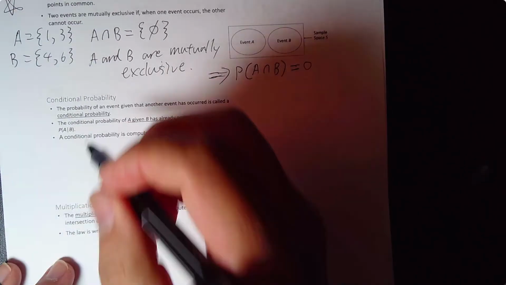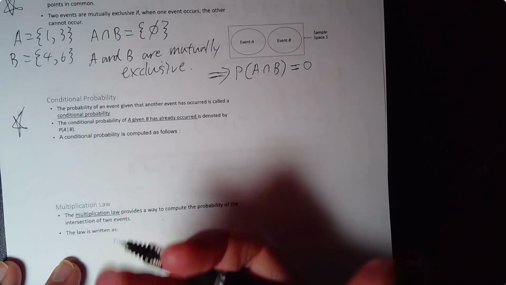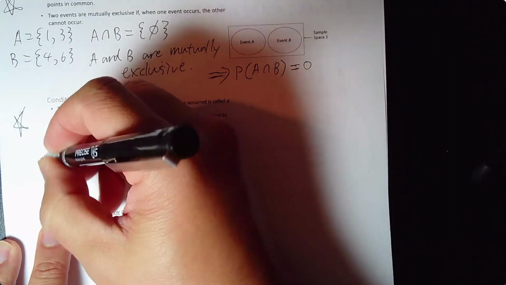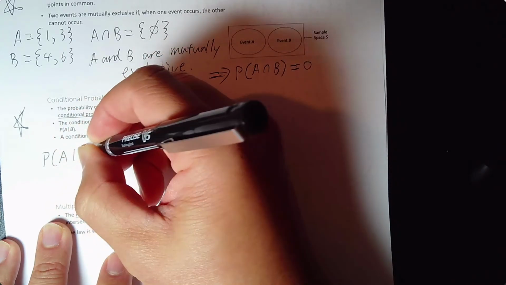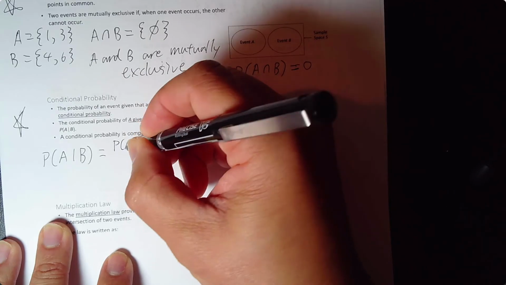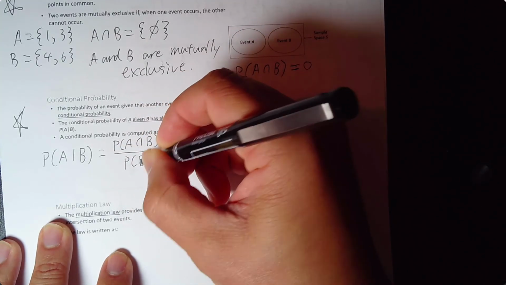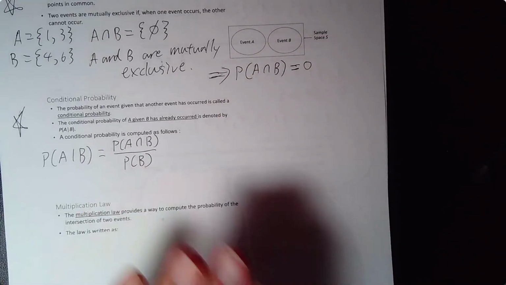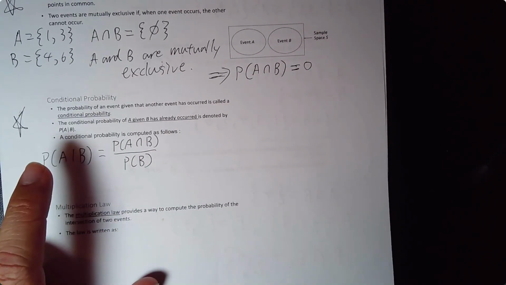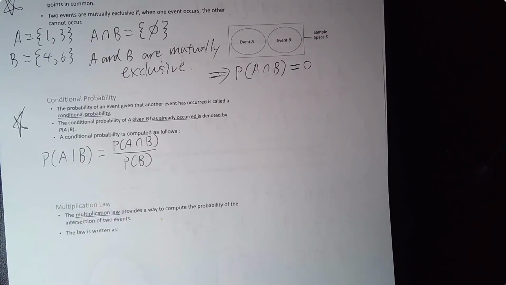Okay, conditional probability. Now this is also really important. Let me give you the mathematical definition first, and this is going to be new notation. Most of you have not seen this before, but that's okay. This is very easy. Conditional probability is this: the probability of A happening given B happened already.